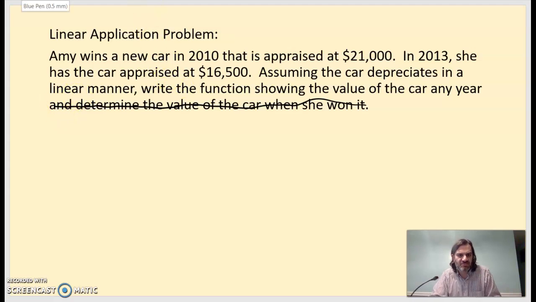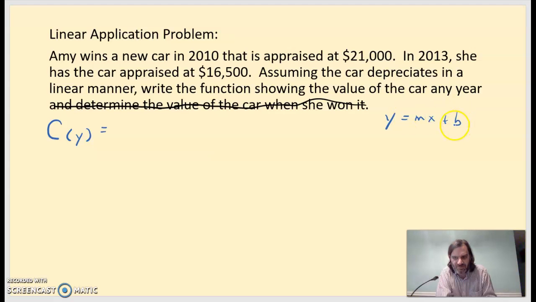So once again, she's got this car, so we can make it C of y for the car value after so many years. You can use anything you want here, but we're going to place in the things that we want. Out of the idea of y equals mx plus b, what is our starting amount?